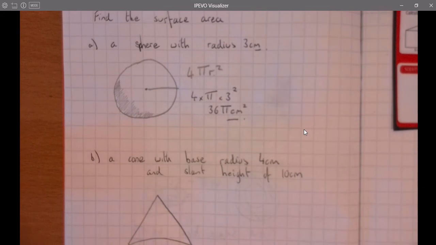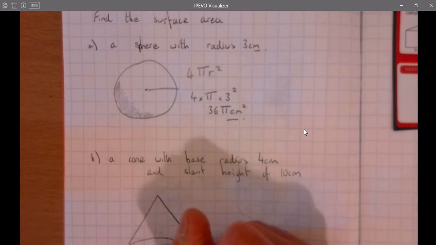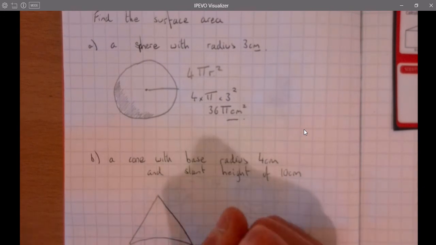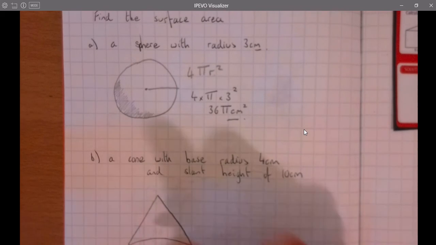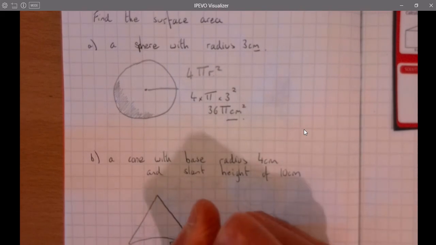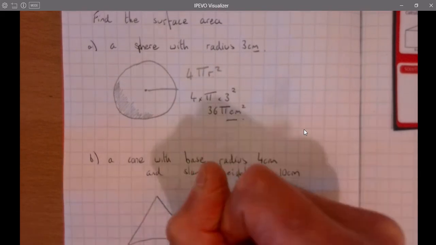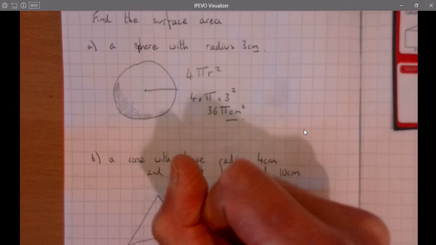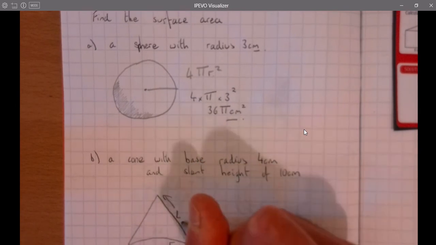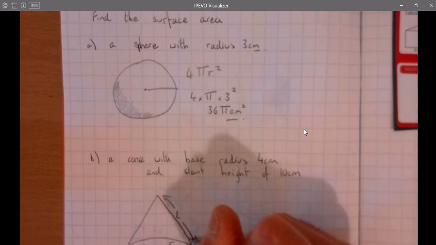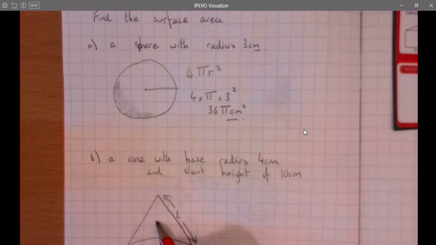There's two things we need to know to work out the surface area of a cone. Again, we need to know the radius at the bottom, and the other thing we need to know is this length just here. This is called the slant height, because the vertical height would be in there.